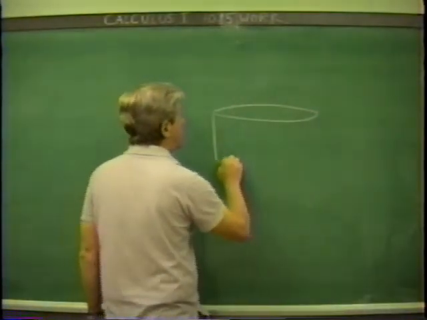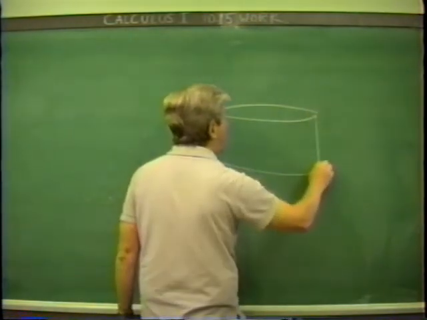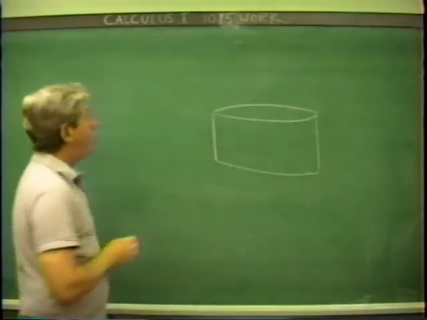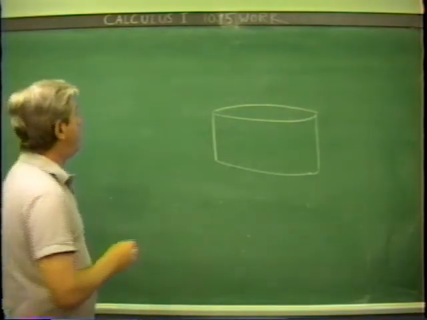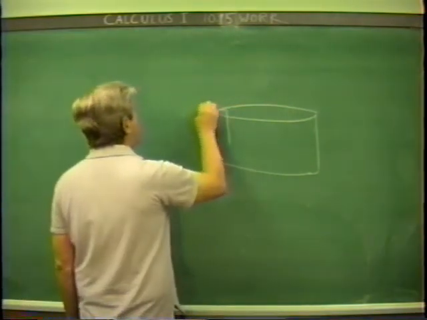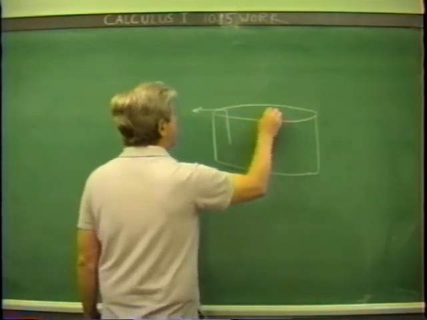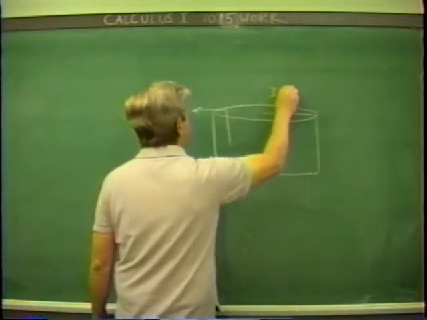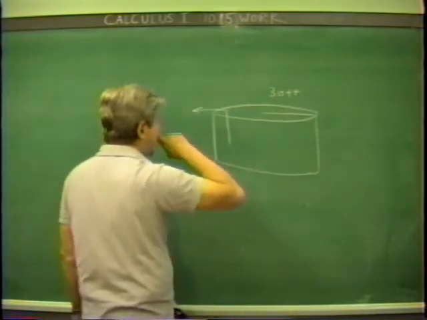Now let's take a look at another situation. Let's suppose that we've got a drum, swimming pool if you want, full of water, and we wish to empty the pool by pumping the water up over the top.